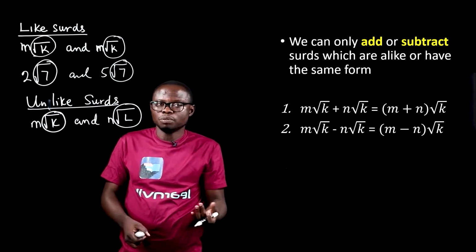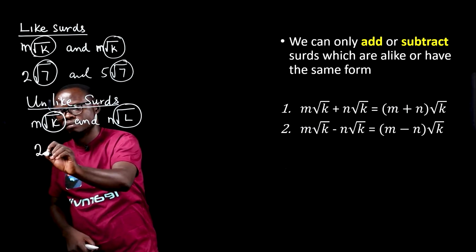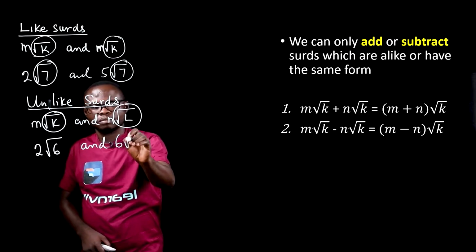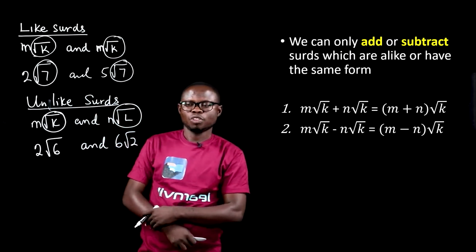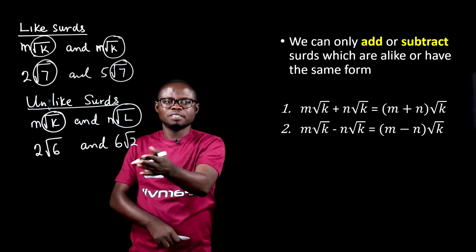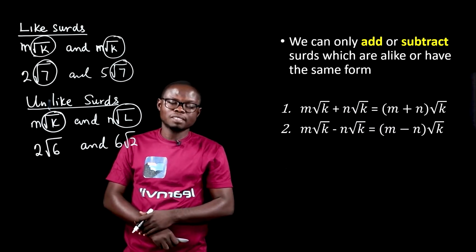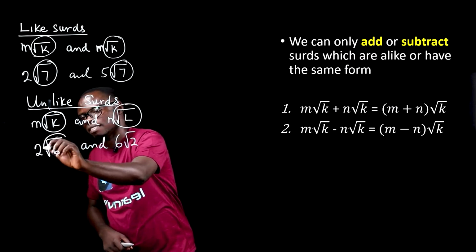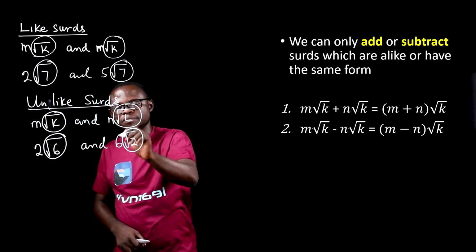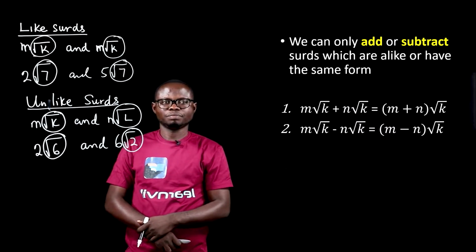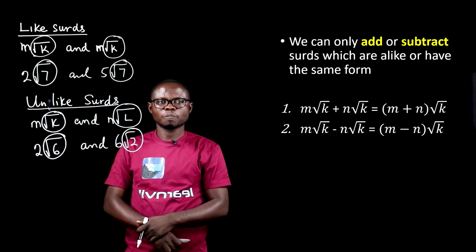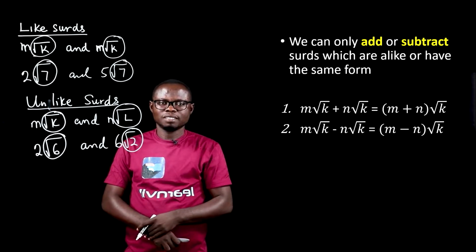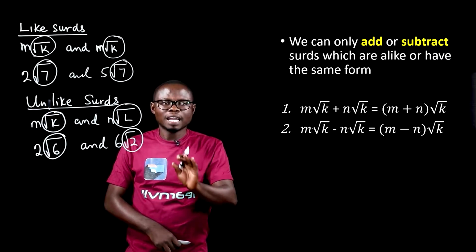For example, 2 root 6 and 6 root 2 are unlike surds. Why? Because their surd parts are different. Now note, we can only add and subtract like surds.